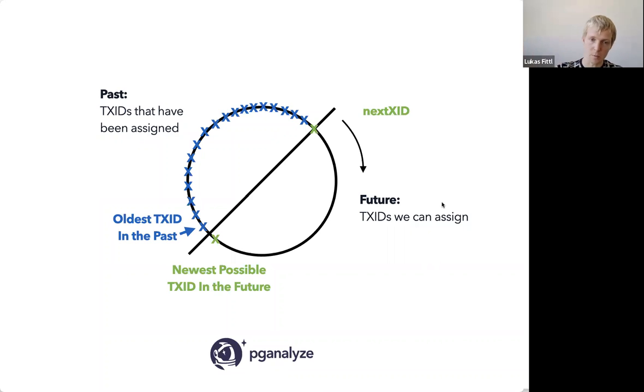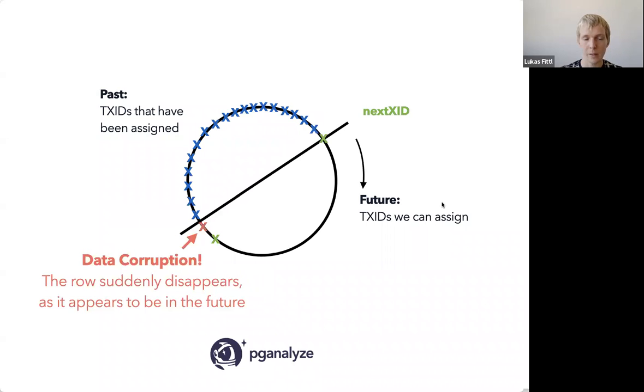So as we move the dial, this changes, we keep incrementing the oldest transaction ID in the past, and we also keep incrementing the newest possible transaction ID in the future. Now, the really bad thing that can happen here, and it doesn't actually happen because Postgres stops you from doing this, is imagine that the dial moves, but we still have this old transaction ID that's supposed to be in the past.